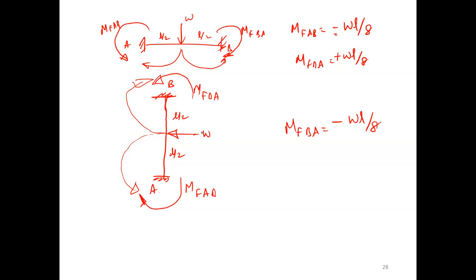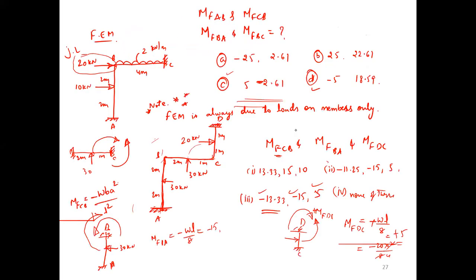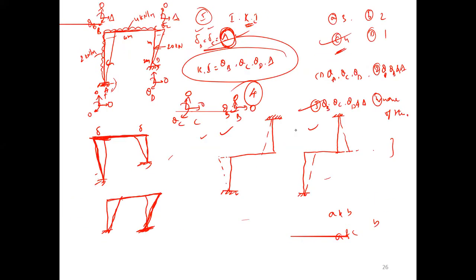Next, I will move to the slope deflection equation. I think there is no doubt, but you can expect a few questions on that step also, mainly on the joint equilibrium condition and the sway condition. For the same problem, how many slope deflection equations are you getting in this frame?